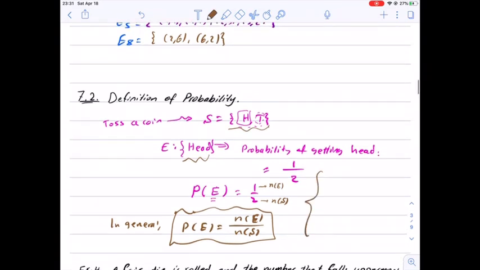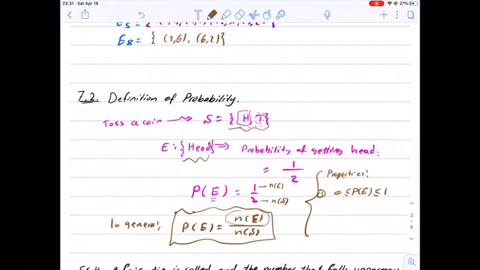Now we have some properties of the probability. The first property is that any probability lies between 0 and 1. It can't be negative, and it can't be greater than 1, because we're talking about part of the whole, and that can't exceed 1.